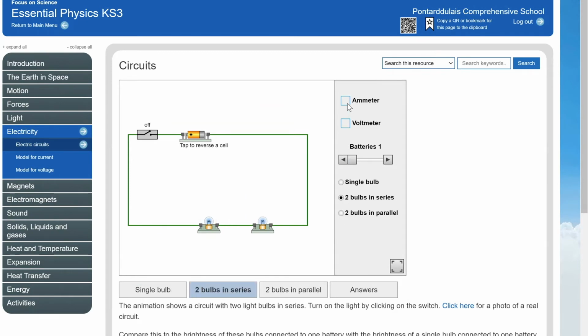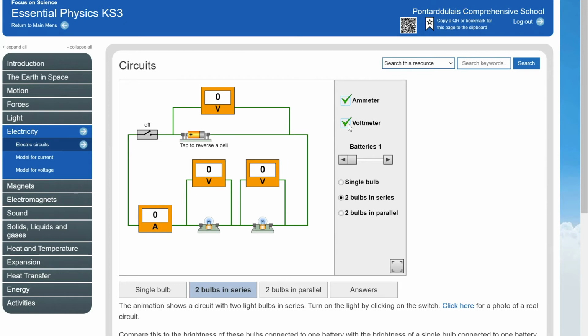2 bulbs, we'll put in the ammeters, we'll switch on, we'll put on the voltmeter, switch on. Okay, what you notice here is that the voltage across the 2 bulbs add up to the supply voltage of 1.5 volts.